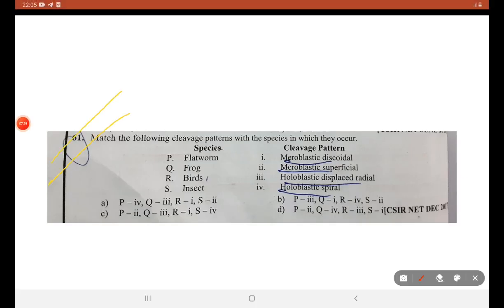Now try this question, December 2017 CSIR exam. So far we know that frog is mesolecithal, holoblastic. Birds are telolecithal, meroblastic, discoidal. R corresponds to 1. We know insects are superficial, that is centrolecithal. S corresponds to 2. A is the right answer.